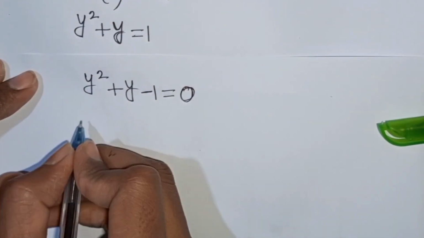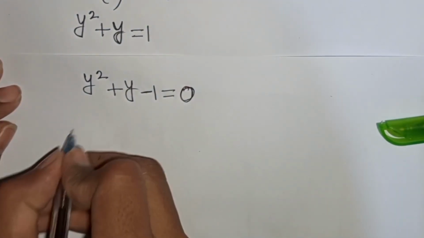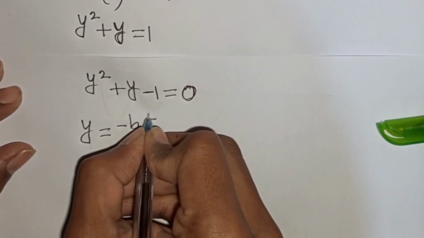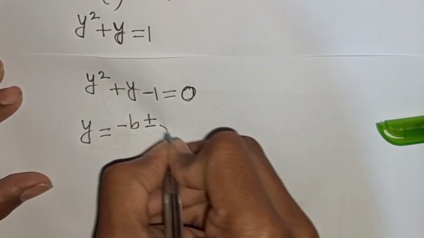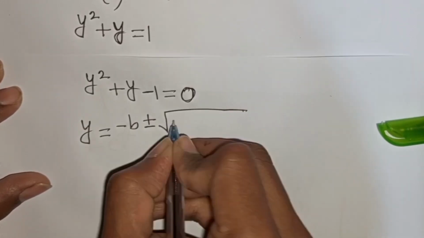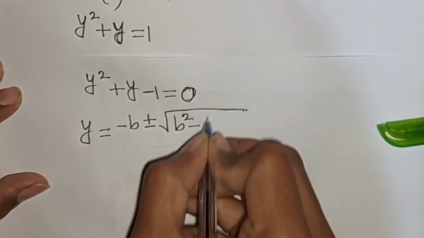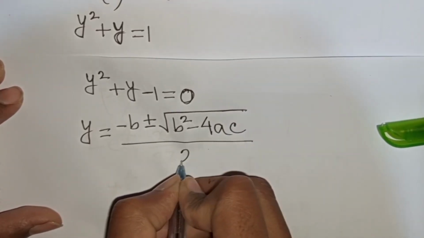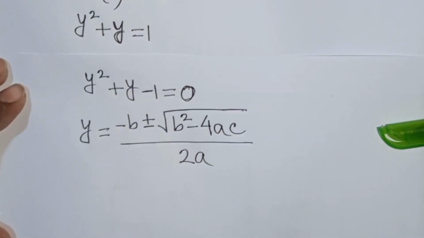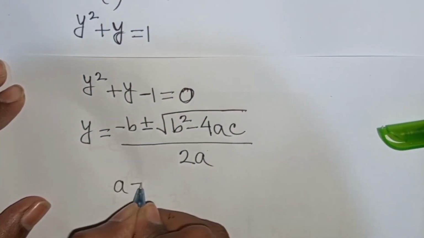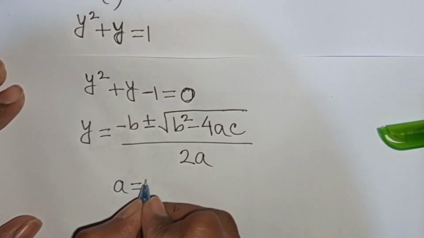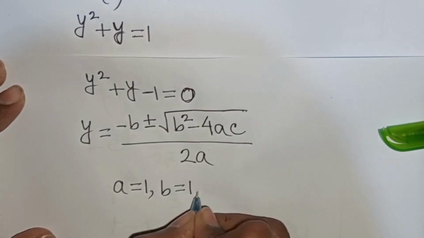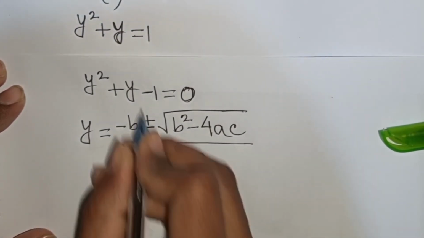Now here you can apply the quadratic formula. So you can write here y is equal to minus b plus or minus square root of b square minus 4ac divided by 2a. Here a will be equal to 1, b will be equal to 1, after that c will be equal to minus 1.